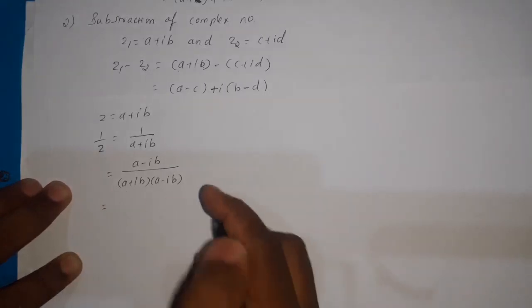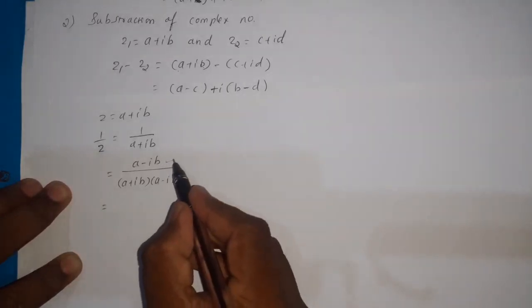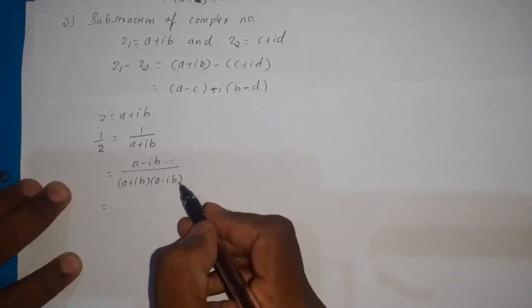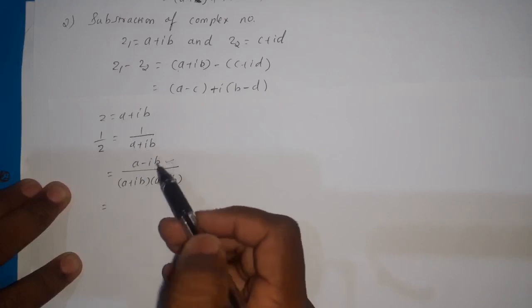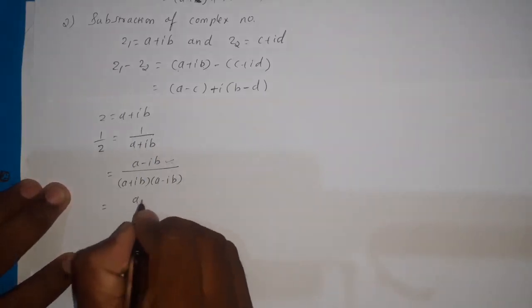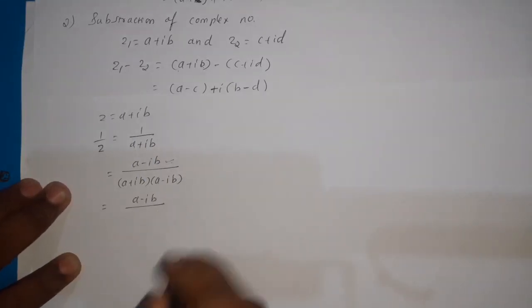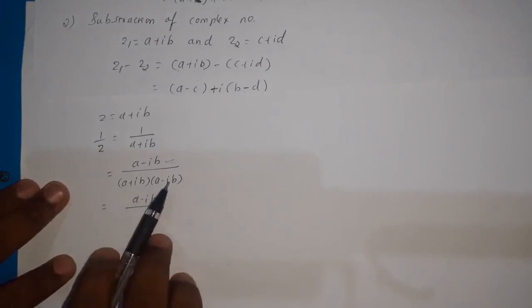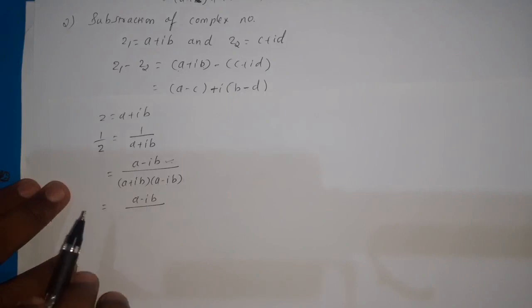That is, the numerator is a minus ib, which we have multiplied, then we need to divide by the same term, so therefore a minus ib, but the given term is 1 divided by a plus ib. Now it is a minus ib divided by, in the denominator, two factors, one is a plus ib and one is a minus ib.